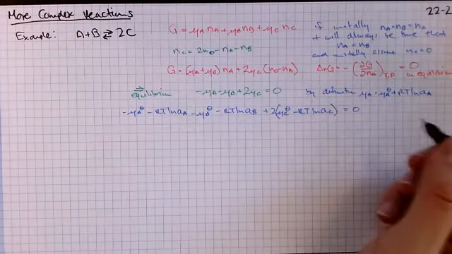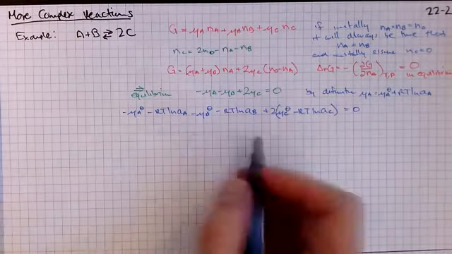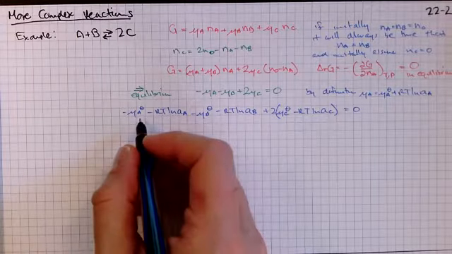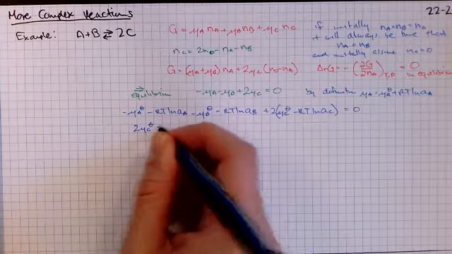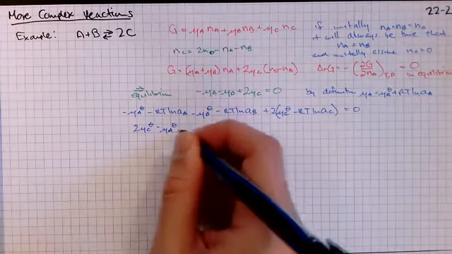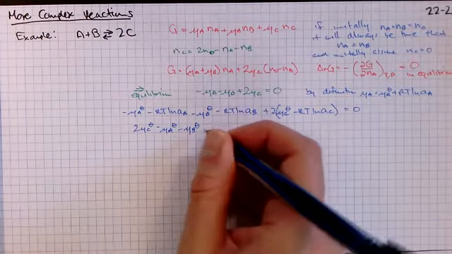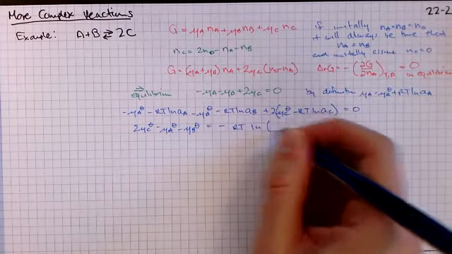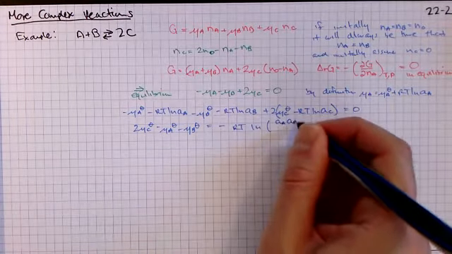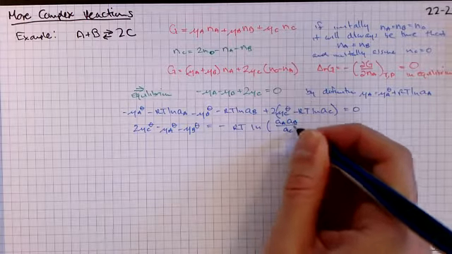And that has to equal 0. And so what that tells us is that there's a relationship between these reference chemical potentials, so 2 mu C theta minus mu A theta minus mu B theta must equal minus RT natural log of aA times aB over aC squared.